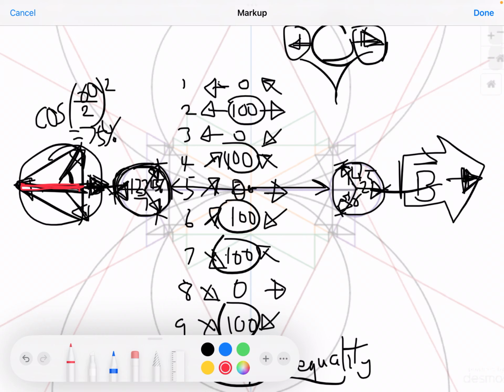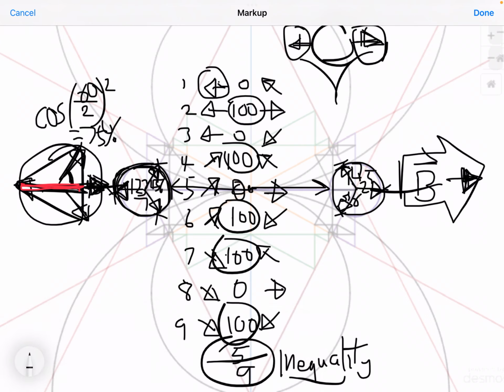Okay, so let's look at the probabilities. Just looking at this one alone, the probability of it falling to the right is the cosine of, and in this case our angle is 180 degrees, so it's 180 degrees divided by 2, squared, and that probability is 0. Okay, so without doing any more calculations, the probability of that one's 0, that one's 0, that one's 0.